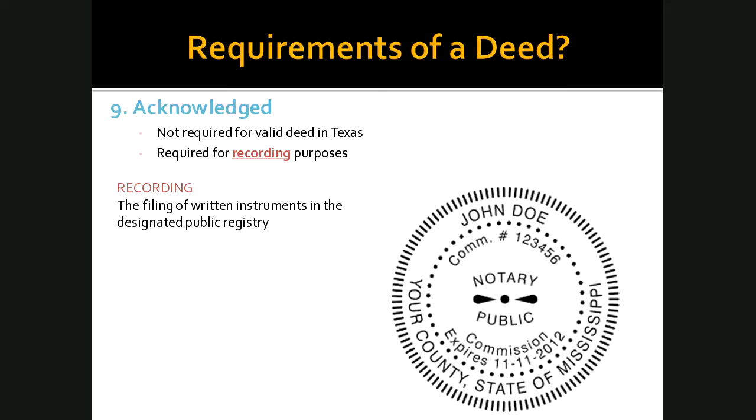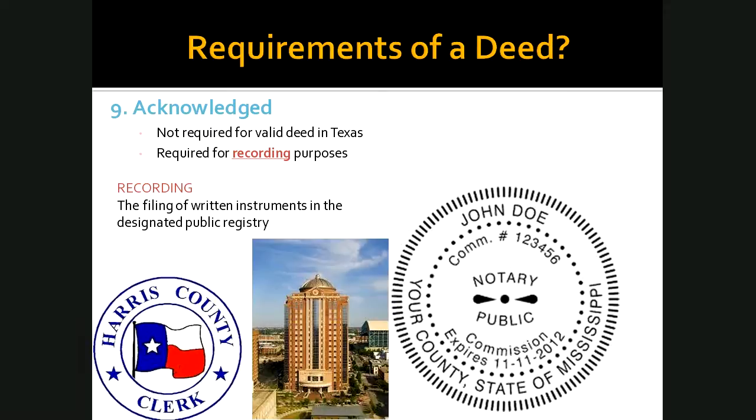In Texas, that's our county clerks that do that job. And in Harris County, here's the building. They're on the third floor of the civil courthouse, the county clerk, and you can take the documents down there to get them recorded. So we're going to talk about recording later on in chapter 11.